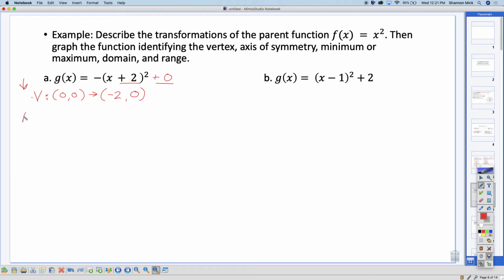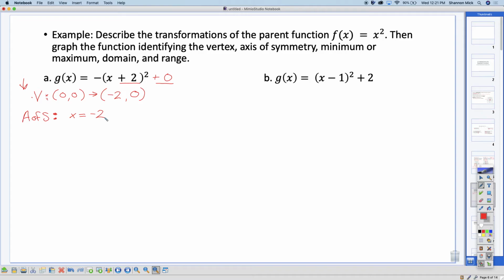Axis of symmetry. Where do I get my axis of symmetry? A, H, or K? H. So my axis of symmetry is x equals what? -2.